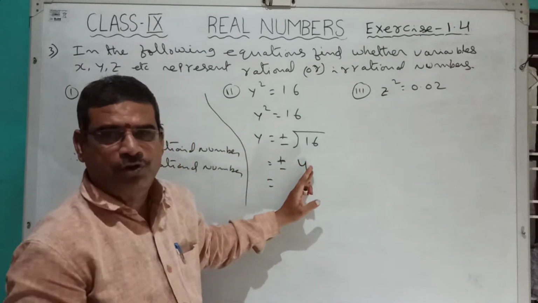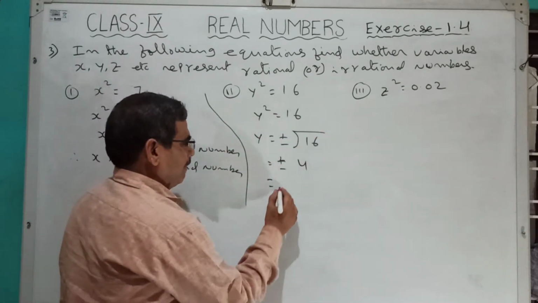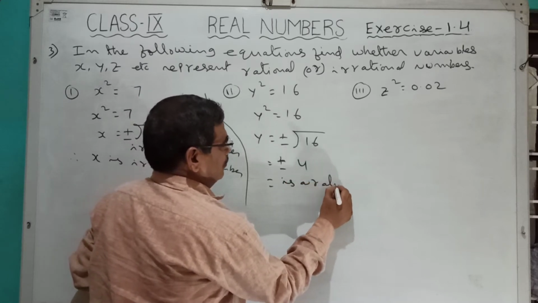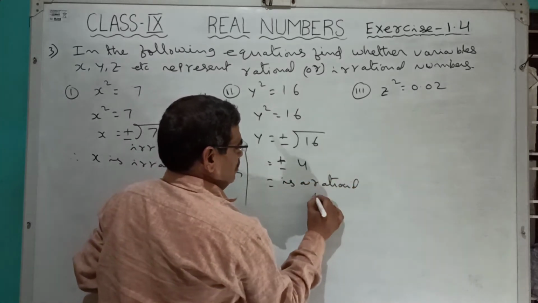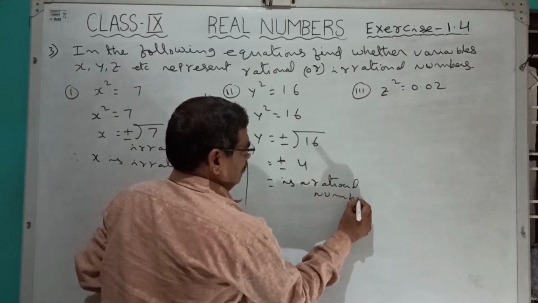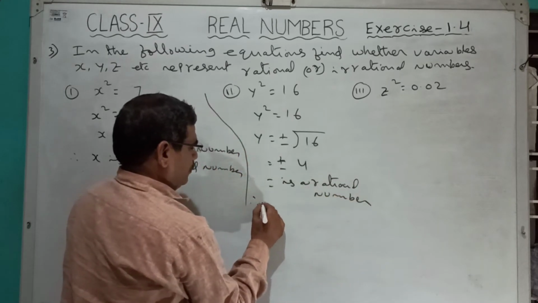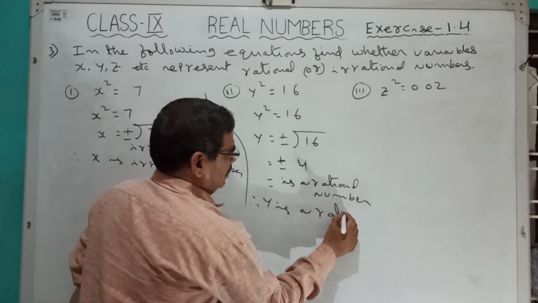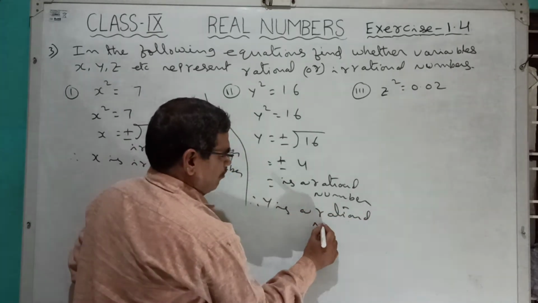So what is the 4? 4 is a rational number. Therefore, y is a rational number.